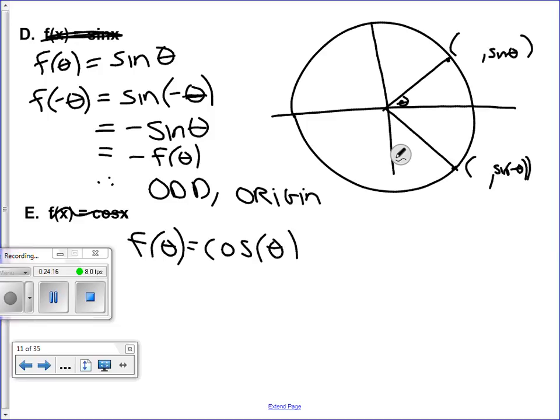What do we do first to determine if it's odd or even? Plug in negative theta. So f of negative theta equals cosine of negative theta. But now I have to figure out a way to compare cosine of negative theta to cosine of theta.